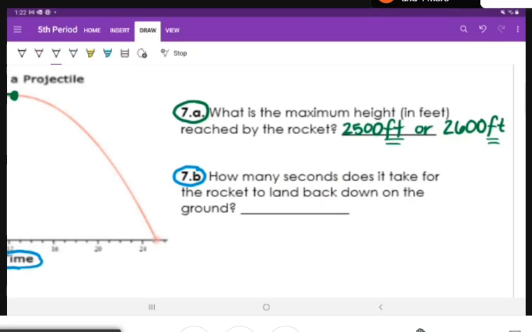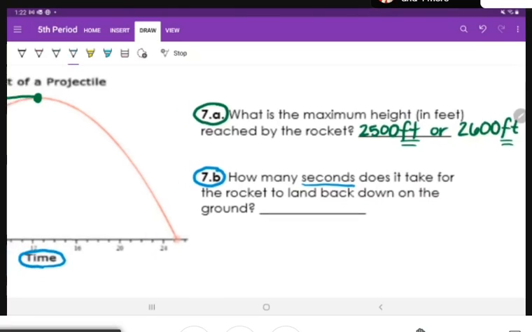All right, on to our last question. The last question says, how many seconds does it take for the rocket to land back on the ground? So if we're talking about seconds, we're talking about time. So we're looking at the x-axis.